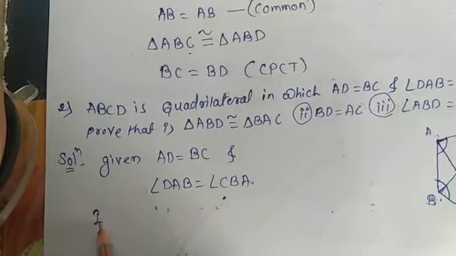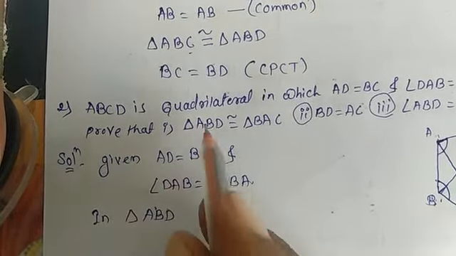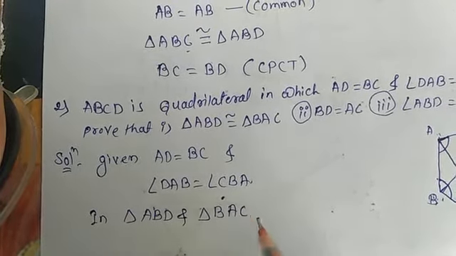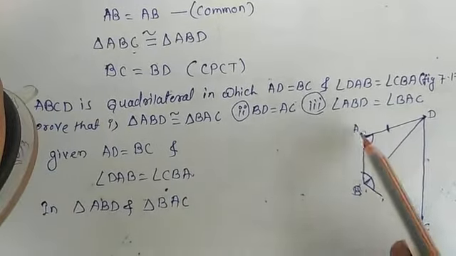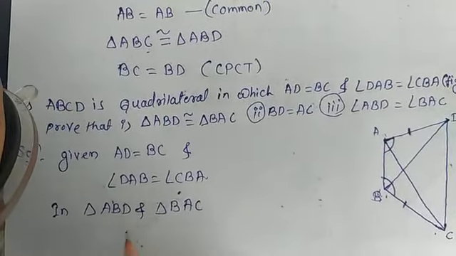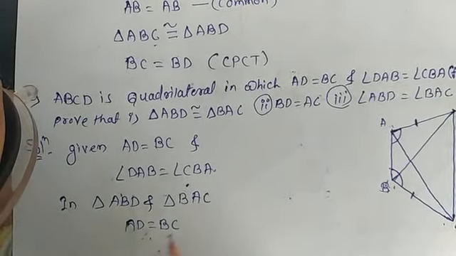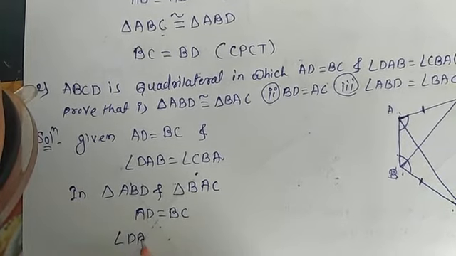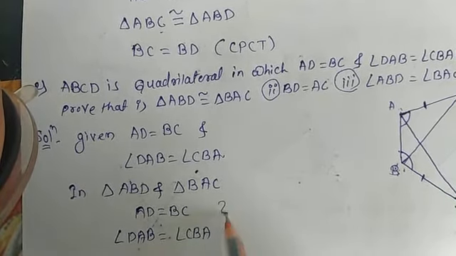Now in triangle ABD, which we have to prove, and triangle BAC, these two triangles ABD and BAC, here one side AD is equal to BC, and angle DAB is equal to angle CBA, which is our given.